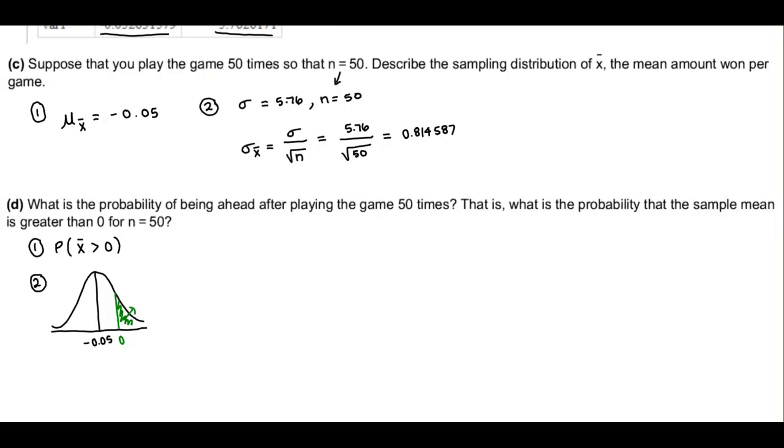So we're going to use technology. The first thing we're going to use is our calculator. In order to find that area, we're going to use our normal CDF. The lower bound is 0, the upper bound is 9999. We know that the mean is negative 0.05, and the standard deviation is 0.814587.